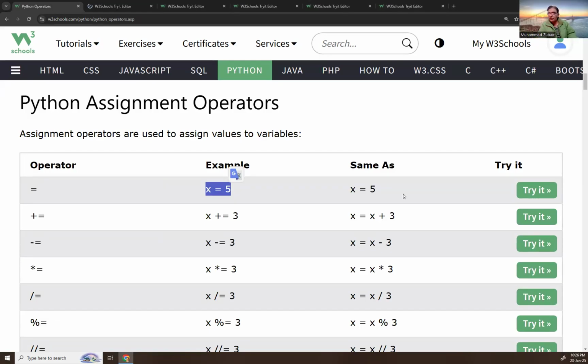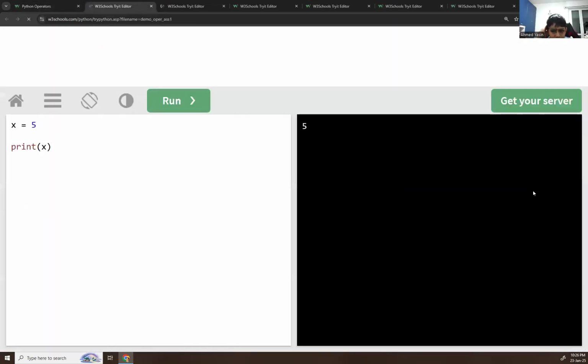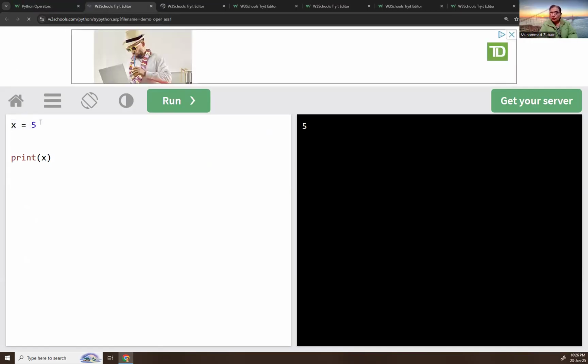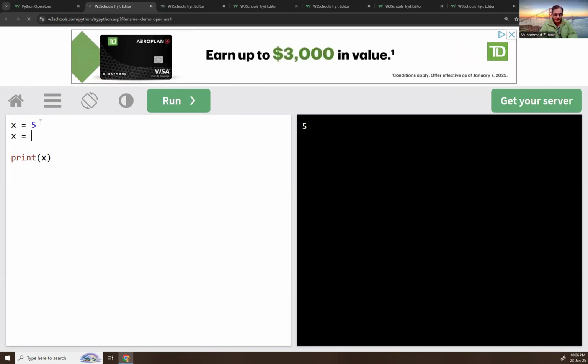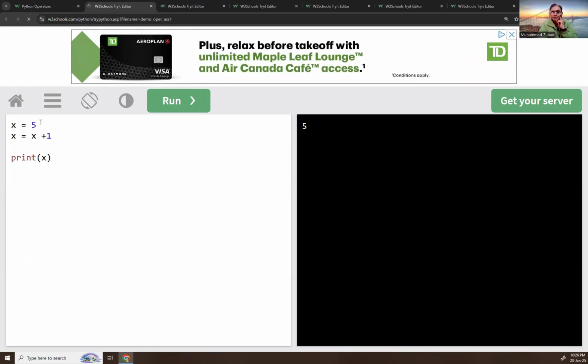It is very simple. But there are other ways. Suppose let's play with that variable. So what will be the value of x now?